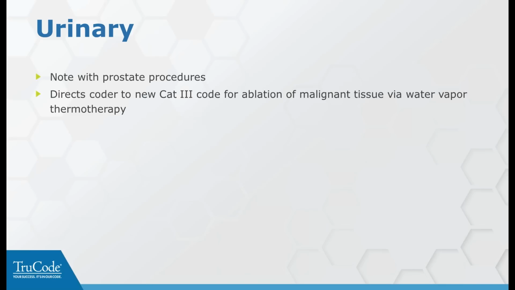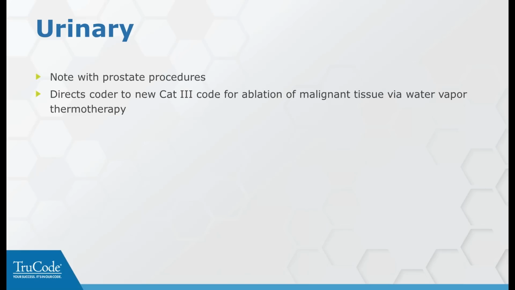Moving on over to the urinary system, actually only one thing at the very back of the urinary system, and that is a note with the prostate procedure. Just to remind us that there are category 3 codes now, and this is with code 53854, and this is with your TRPs, thermal therapy, that kind of stuff.